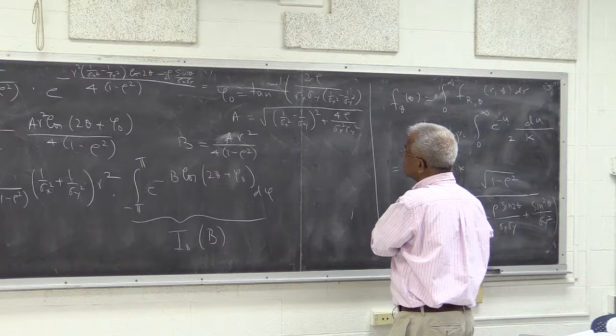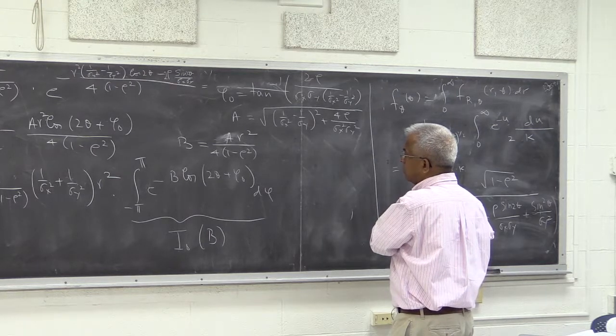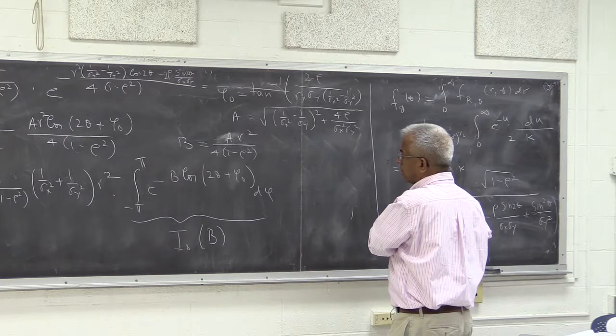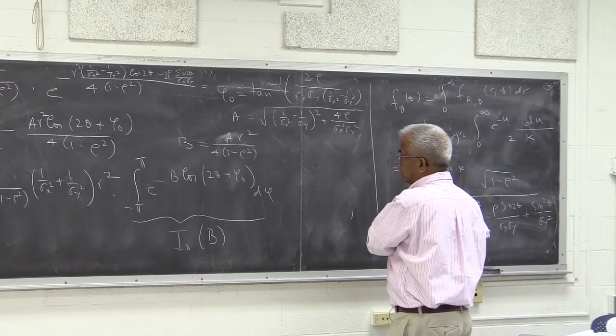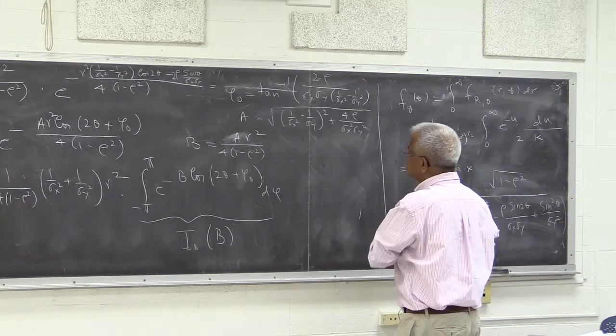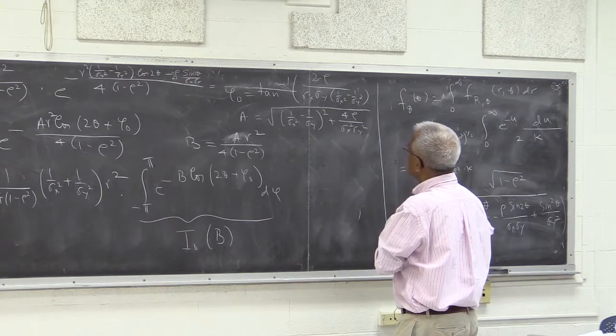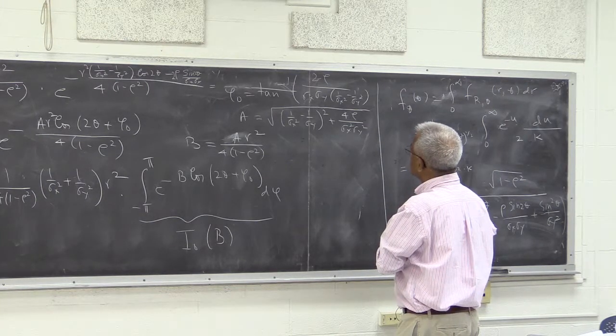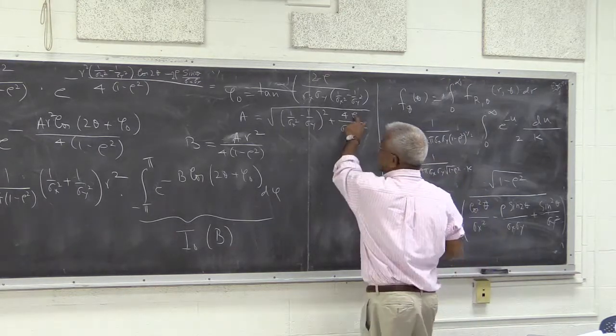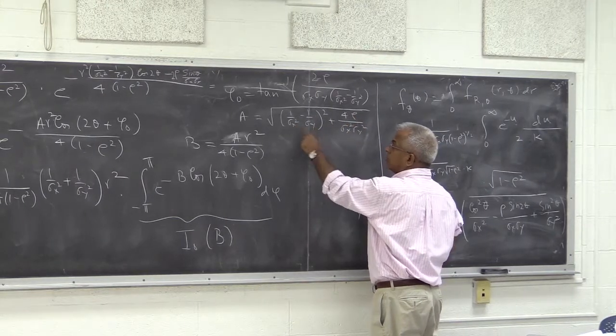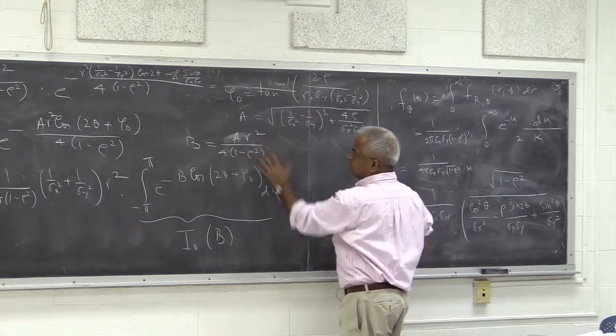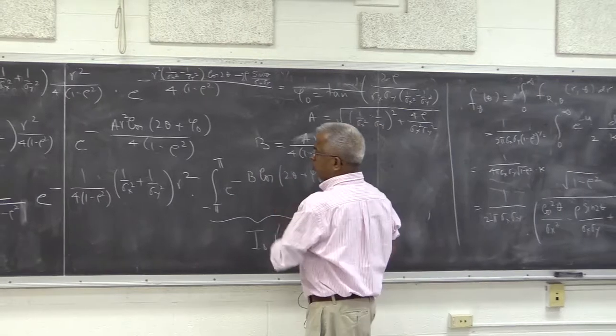The rho is 0, so phi naught is 0, and b is going to be... right, because rho is 0, the two variances are equal, so a is 0, so this term is just 1.